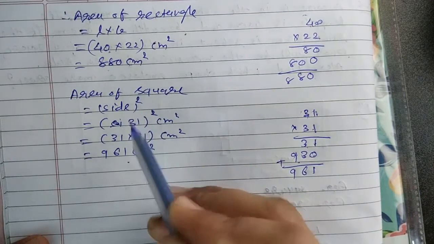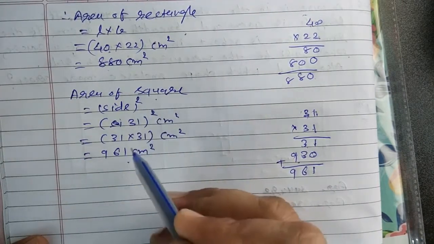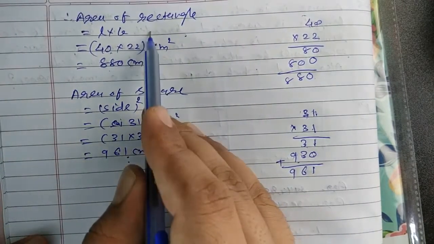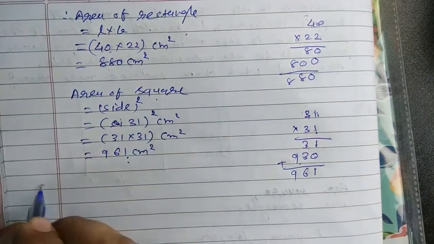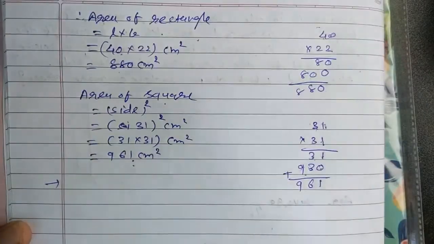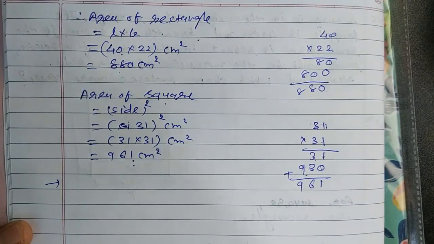Now we have to compare them. As we can see, the area of the square is greater than the area of the rectangle. Our question was to find which shape encloses more area.